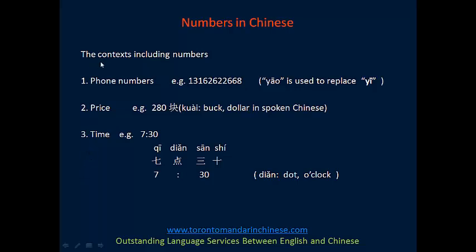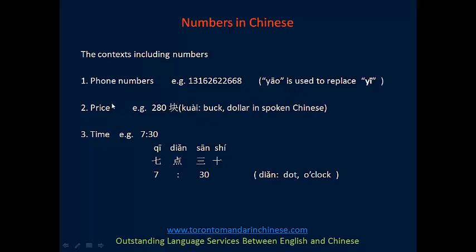Now let's look at the contexts, including numbers. First, phone numbers. For example, 13162622668. In Chinese, 1 is pronounced as yao to replace yi, to avoid the confusion between yi and qi, 1 and 7.